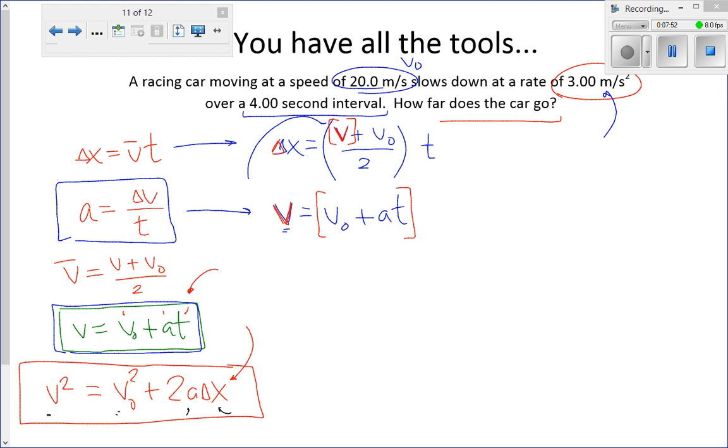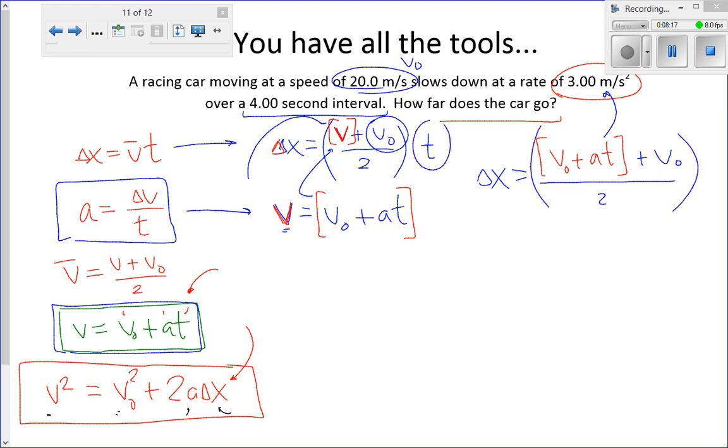So what we'll end up with, if we put this in the brackets, is delta x equals, here's what goes in the red brackets, v naught plus at, plus that first v naught that was already here, divided by 2, and then don't forget this times t.